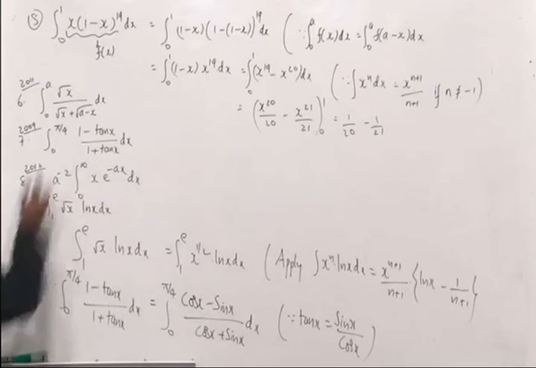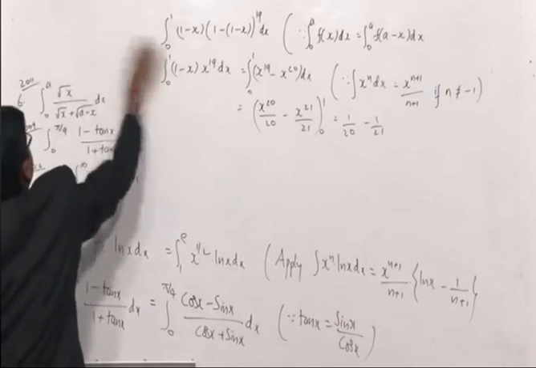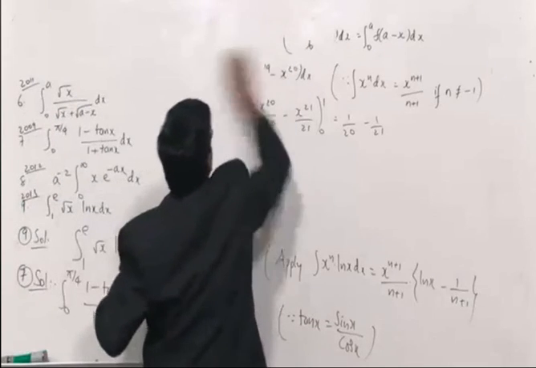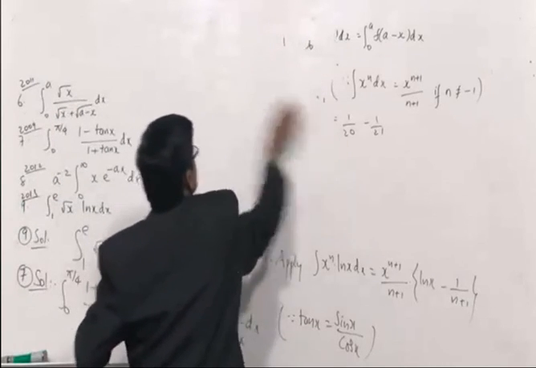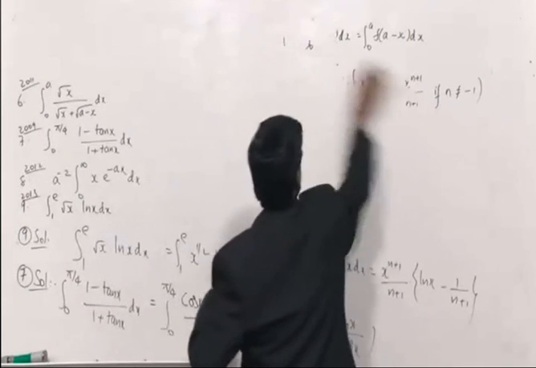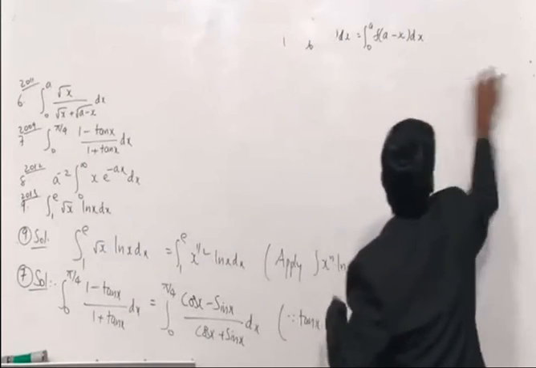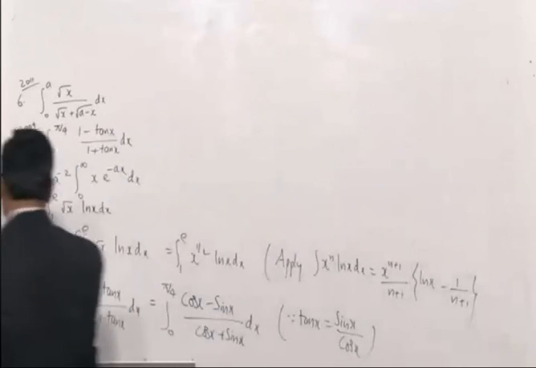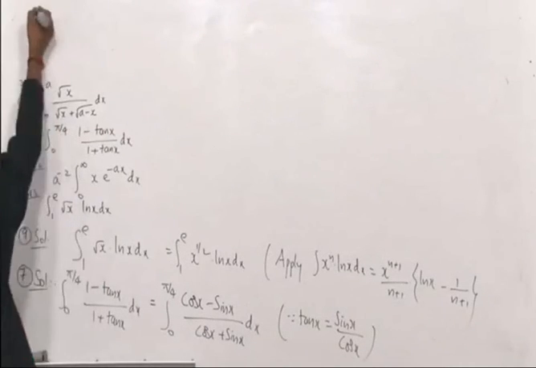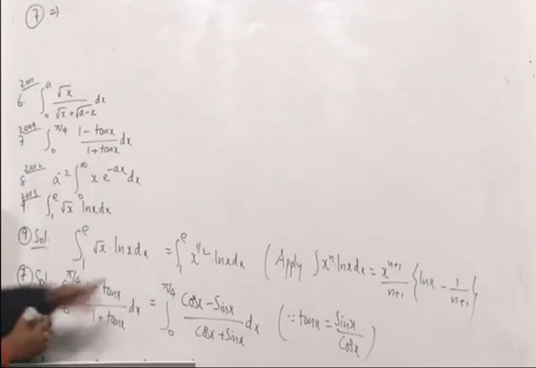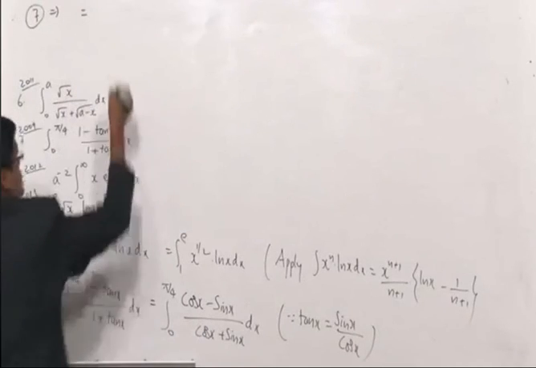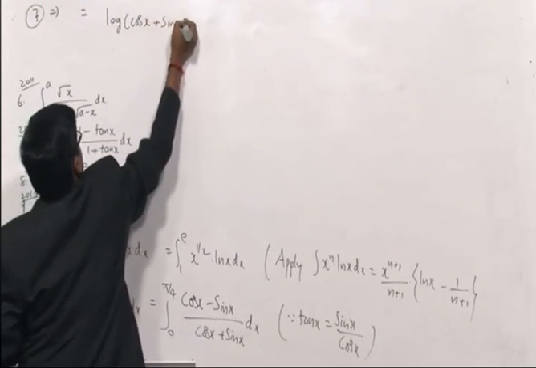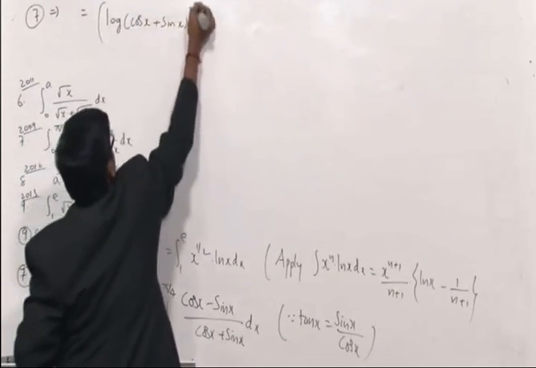So what is the answer for the seventh continuation? It is equal to logarithm of f x, that is cos x plus sin x, with limits 0 to pi by 4.